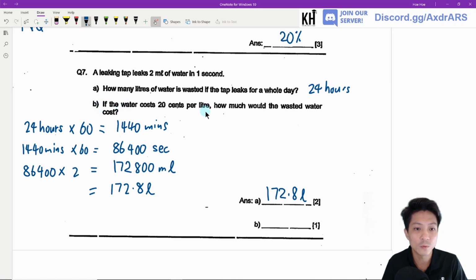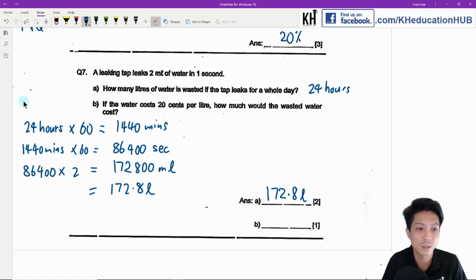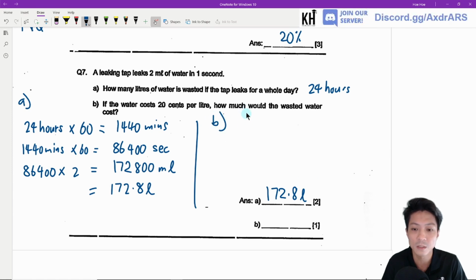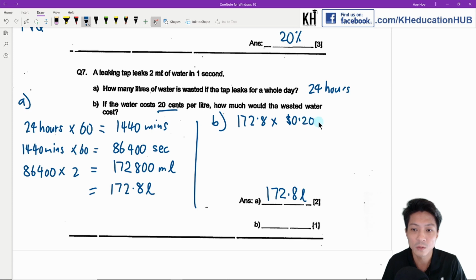Part B, if the water costs 20 cents per liter, how much would the wasted water cost? So this is part A, I'm going to do part B here. I'm just going to use 172.8 liters, multiply by 20 cents. 20 cents would be $0.20.